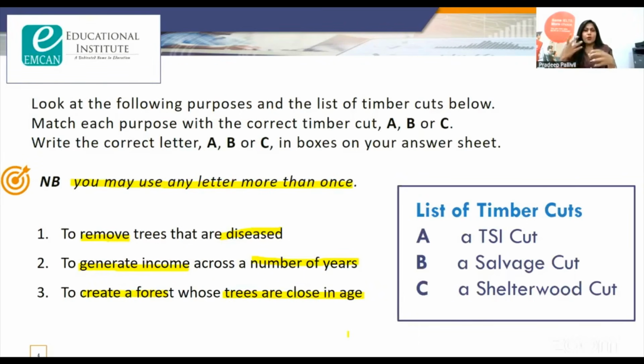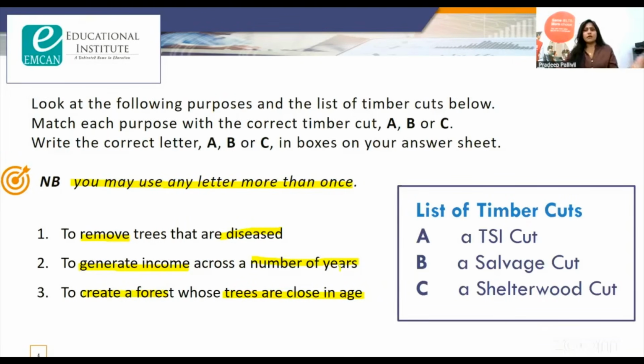Okay, so to remove, definitely they are going to cut, right? And then there is diseased. Diseased means something related to a sickness. So maybe the trees are sick, or maybe some pest attack is happening. Then to generate income across a number of years. Generate income is something related to money.